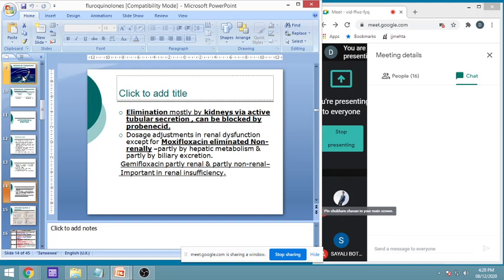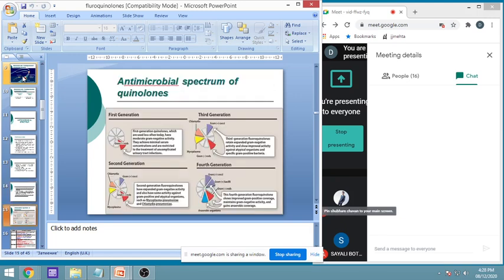Drugs which are absorbed completely and excreted in bile can also be a good choice in GIT infection, because the drug is excreted into the GIT in active form. Gemifloxacin is partly renal and partly non-renal, and this point has to be kept in mind in patients with renal insufficiency. In these patients, this care has to be taken.